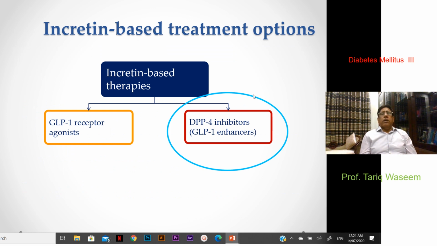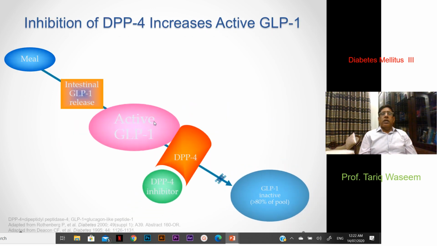Then for incretin-based therapies, you can use GLP-1 receptor agonists, as we already described, or there is another way: the endogenous incretin, GLP-1, can be made to last longer. So we can have agents like DPP4 inhibitors, which lead to an increased half-life of the endogenous incretin, GLP-1.